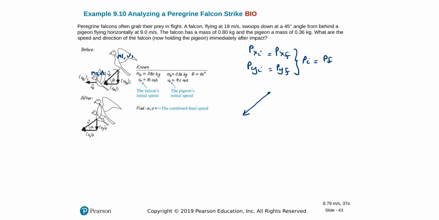So keep that in mind. Instead of using falcon and pigeon, we'll use m1 and m2. So this is v1 initial then, v1 initial, 18 meters per second. And it swoops down at a 45-degree angle, means these two angles are 45 degrees.